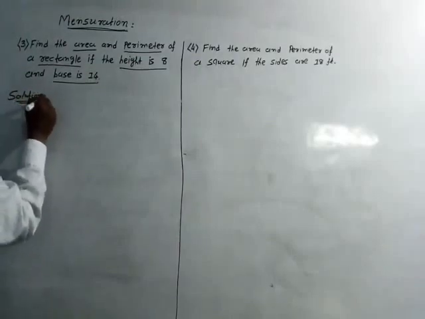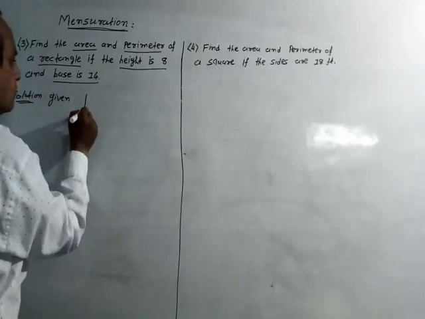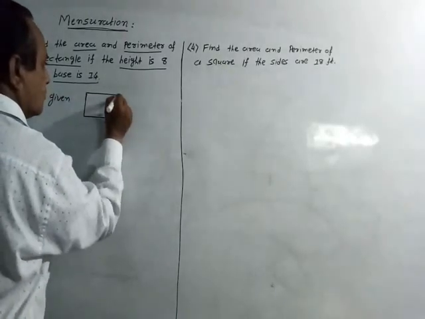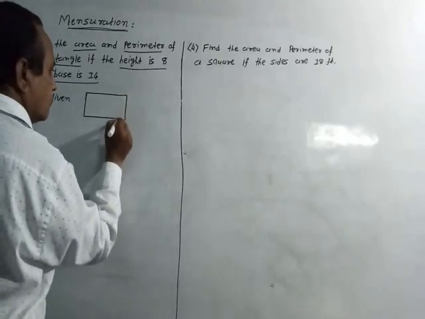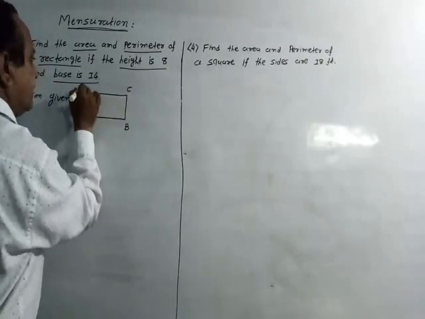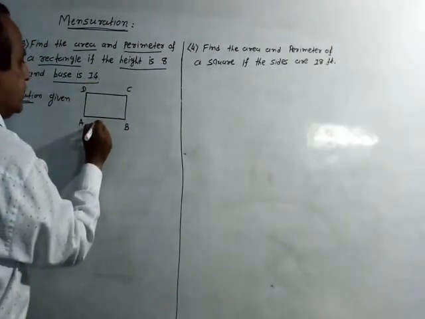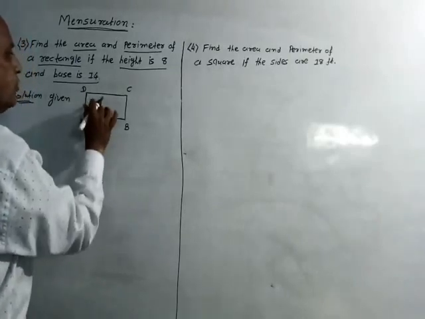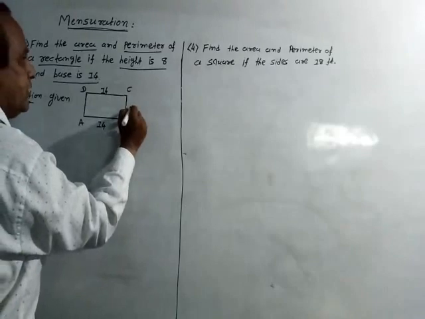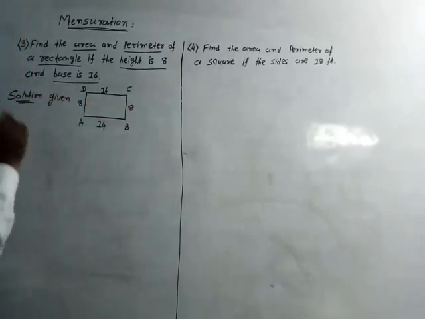Here given A, B, C and D. Now the base is 14 units. Then the opposite side is 14. Height BC is 8. Then the opposite side is 8. Simple example.